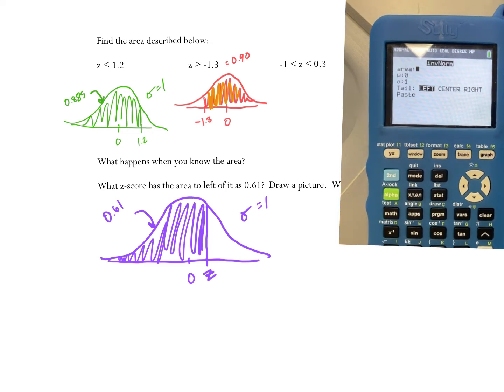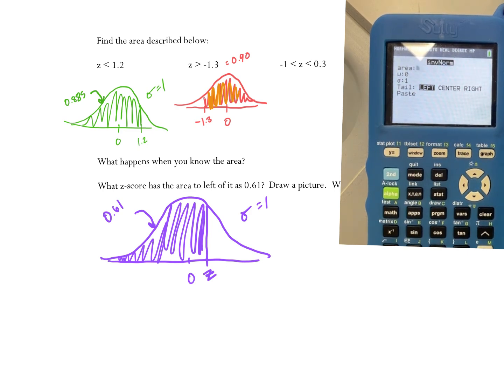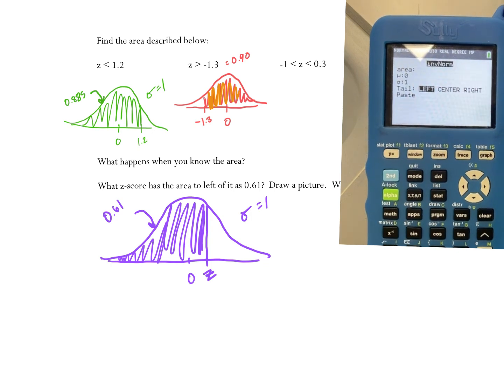And when you ask it for the inverse norm, it asks you for an area. Yours probably looks a little different. Yours probably doesn't have the left, center, right. Okay. You guys will always be dealing in left.